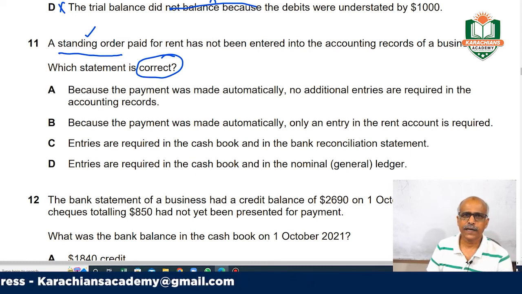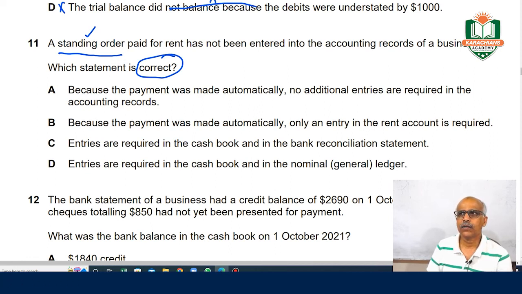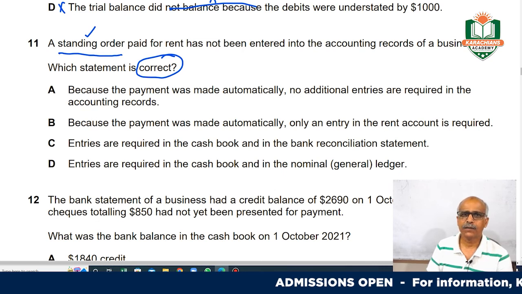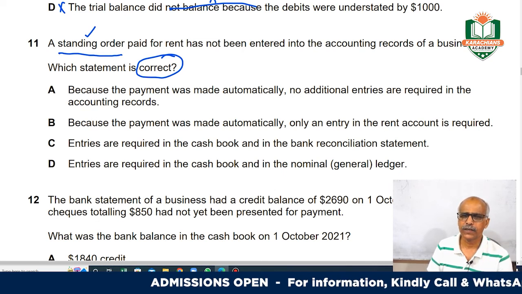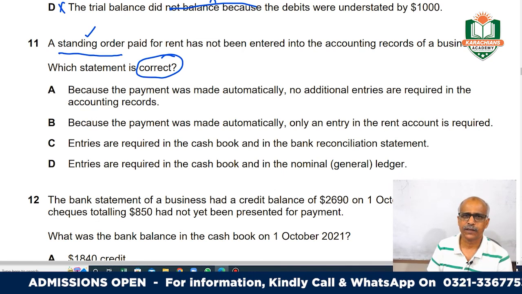In that case the bank will directly pay as long as that letter is valid and you do not cancel it. Until you cancel it, the bank will always make the payment on the due date.